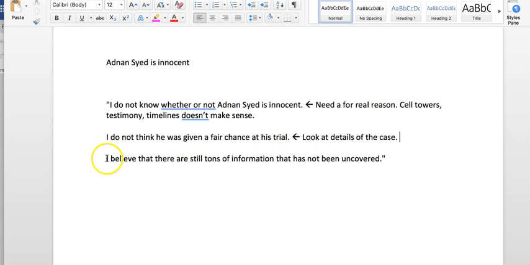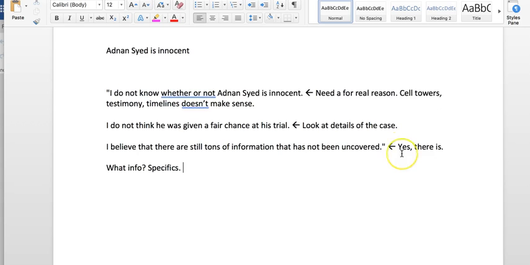And then I see here, I believe there's still tons of information that has not been uncovered. Yes, there is, and that's what your job is. So, what information? What information specifically? We want specifics here, right?